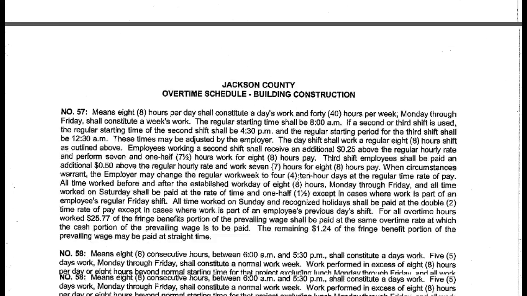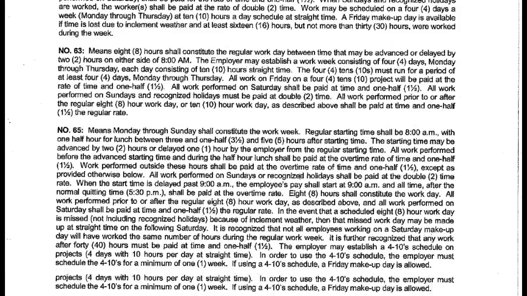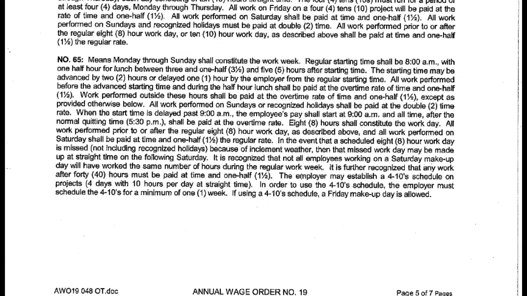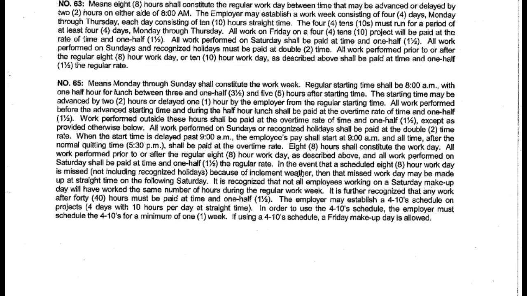And again, you've got copies of these you can look at, so I'm not going to spend a lot of time working away. You see 65 right here, and what that means is Monday through Saturday shall constitute a work week. Okay, Monday through Sunday, so it starts on Monday, ends on Sunday.